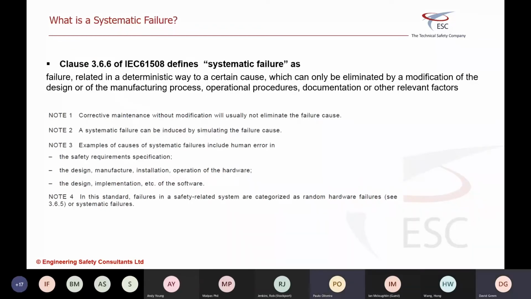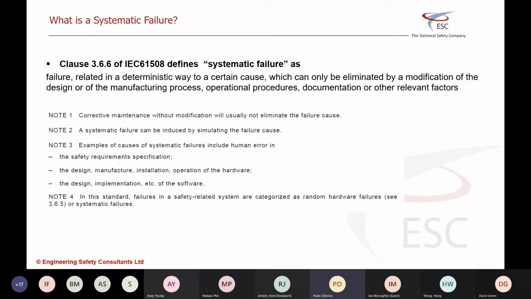So what we're really talking about is weeding out systematic failure. So what's a systematic failure? 61508 defines it as a failure related in a deterministic way to a certain cause, meaning it doesn't depend on any other cause, which can only be eliminated by a modification of the design or manufacturing processes, operational procedures, documentation, or other relevant factors.